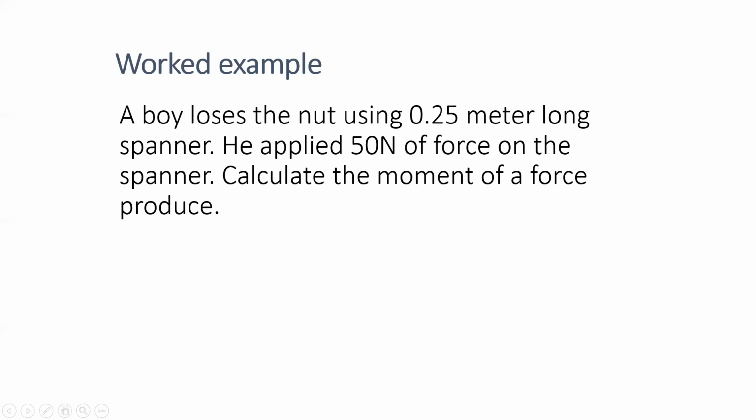A boy is applying a force of 50 Newton. The distance at which he's holding the spanner, its length, is 0.25 meter. So what is the turning effect, or the moment, produced by this boy?